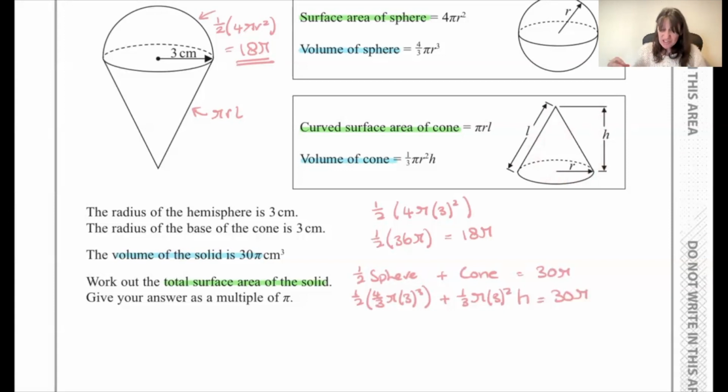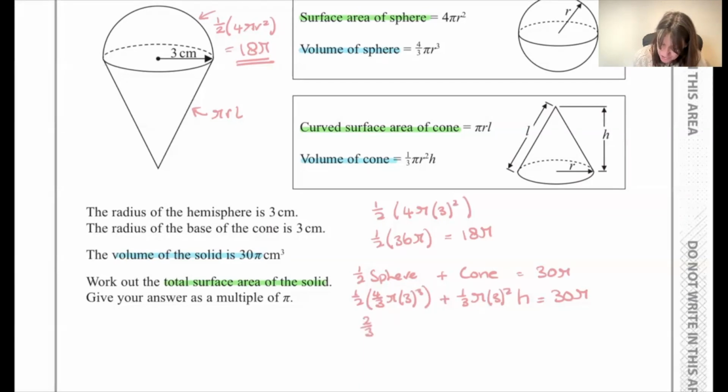Now we're going to just tidy up and rearrange so that we can work out that value for h. So if we were to multiply our 3 cubed, we would have 27 pi. Let's multiply through our fraction. A half times 4 thirds is 4 over 6, which cancels to 2 thirds.